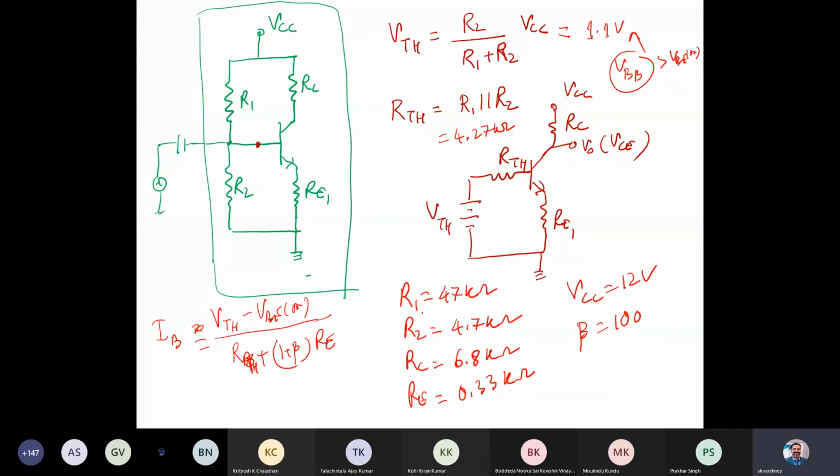That would give you the base current IB, and then you can find VCE, which is VCC minus IC into RC minus IE into RE.